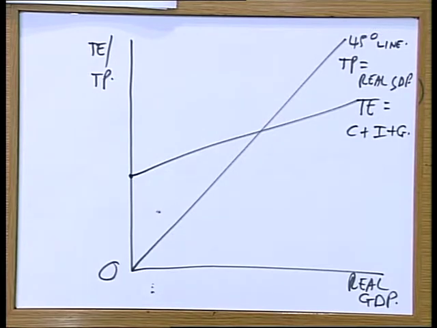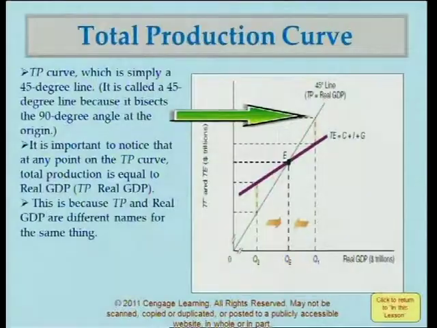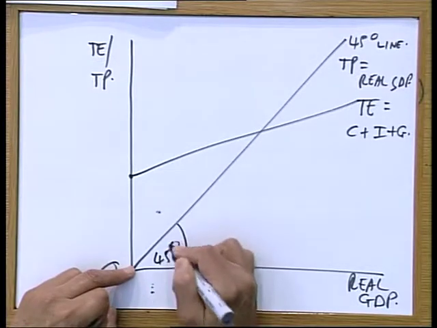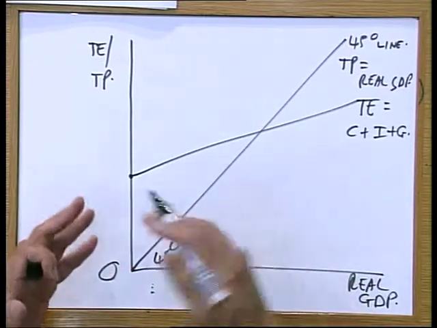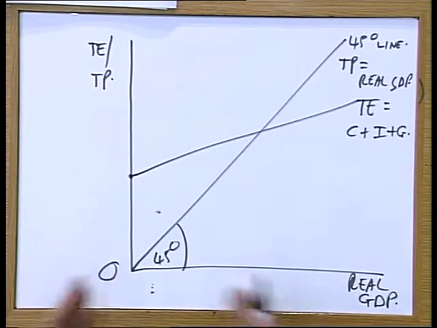Now I'm not going through this whole diagram, but what is important is the 45-degree line. It is called the 45-degree line because it bisects the 90-degree angle at the origin, right?